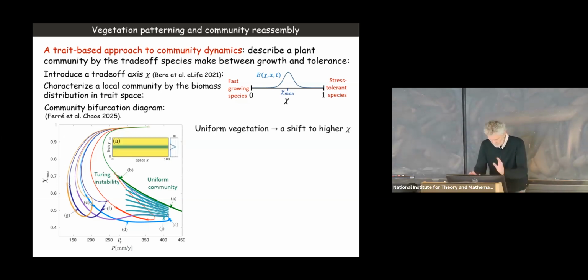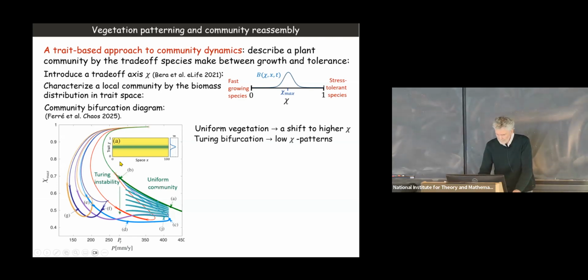Okay, sorry. Before that, this is the representation of the uniform community in trait space. So it's uniform in space, but peaked in trait space.